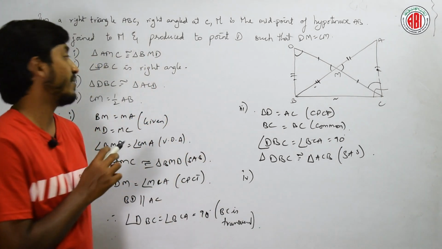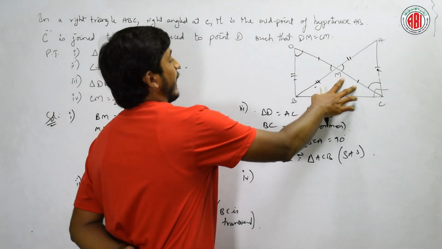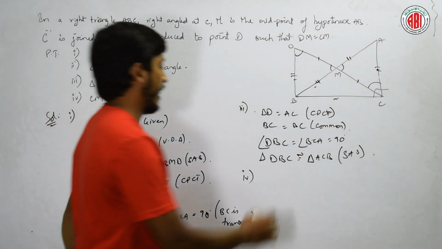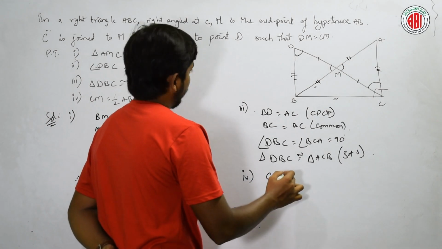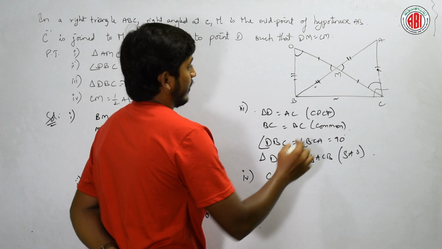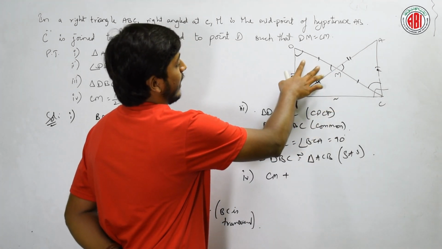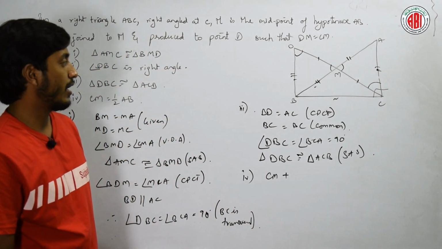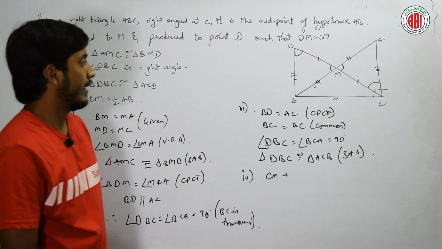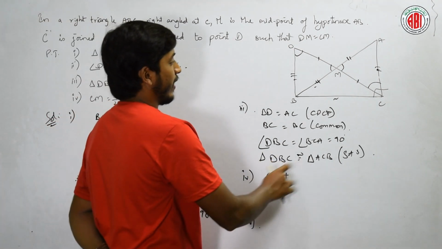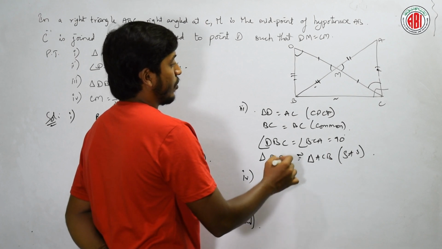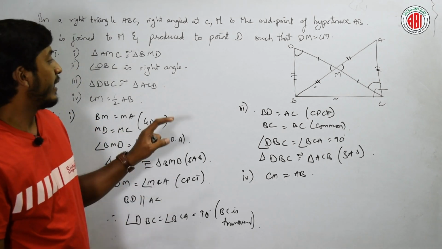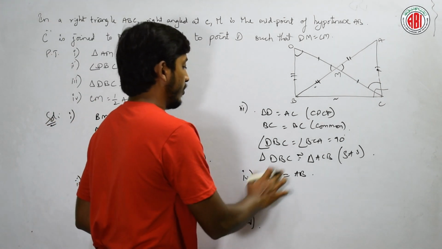Next, fourth one. He is asking us to prove CM is half of AB. CM is half of AB. How do we prove? Tell me. We know that CM plus MD is equal to CD, right? Yes or no? Or else you can easily write it as, from this proof, CD is equal to AB.